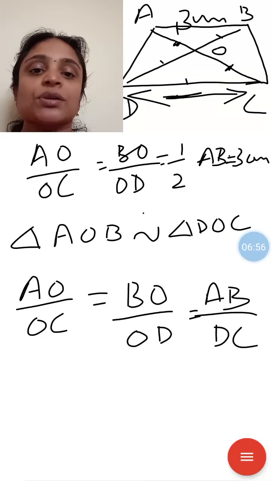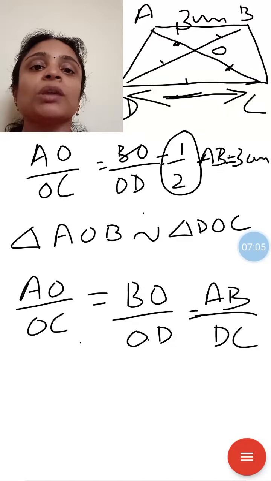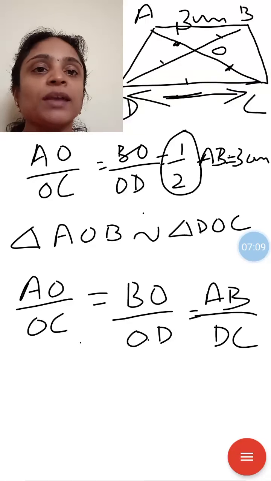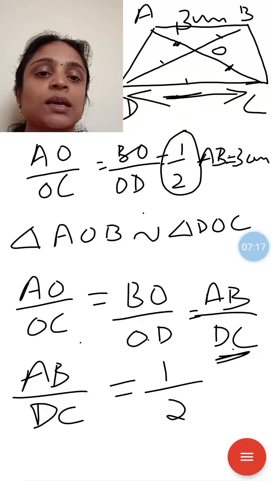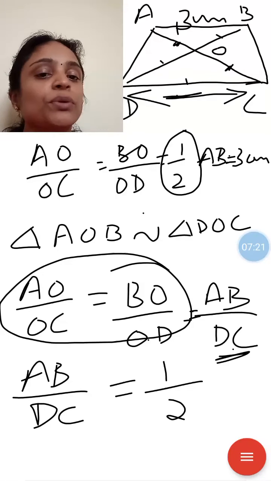And given AO by OC equal to BO by OD equal to half. So we have to find DC. So AB by DC is also equal to 1 by 2, because this AB by DC is equal to AO by OC equal to BO by OD, which is half.